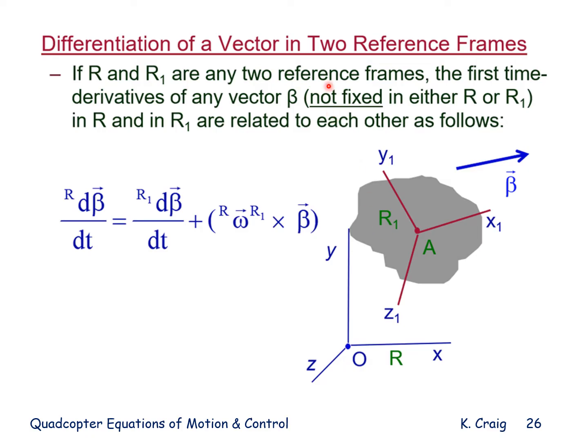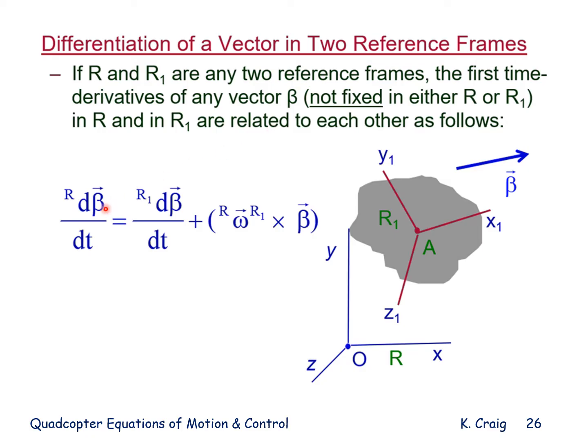If R and R1 are any two reference frames, and beta is a vector not fixed in either R or R1, the first time derivatives of this vector beta in R and in R1 are related to each other as follows.